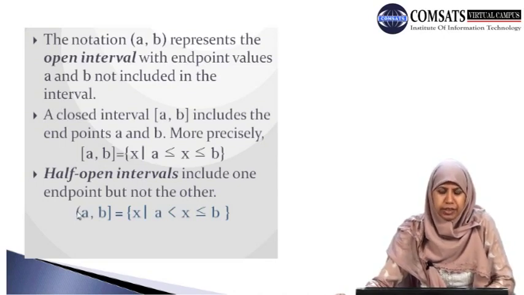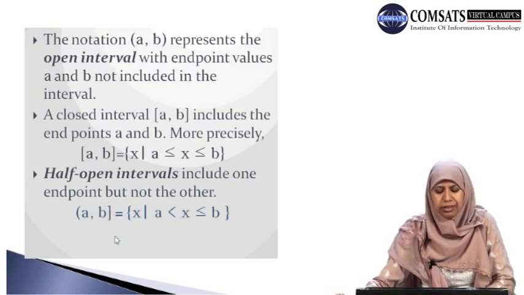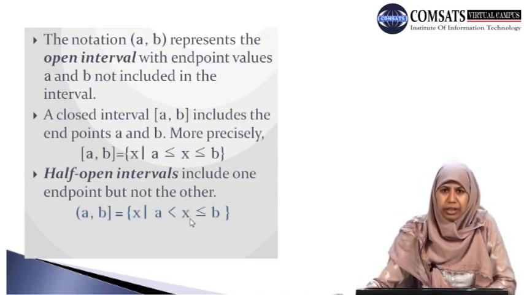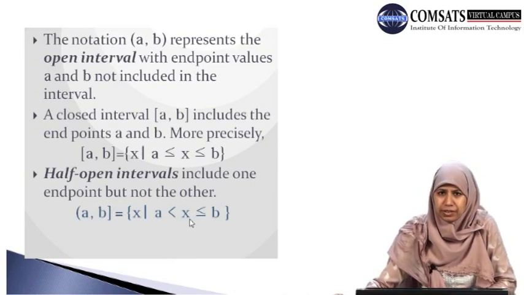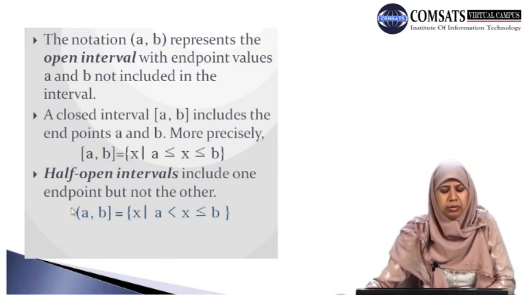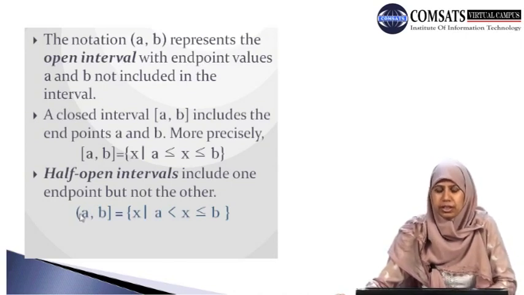Half open from the left side is (a, b], open with a round bracket on the left and closed with a square bracket on the right, which equals x such that x is strictly greater than a, since we have used the round bracket on the left side, and less than or equal to b. The square bracket shows that the quantity we are comparing is less than or equal to b, and the round bracket shows that the quantity is strictly greater than or less than that quantity.